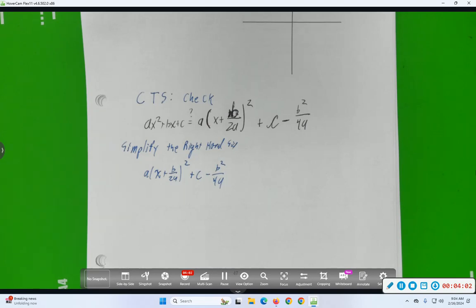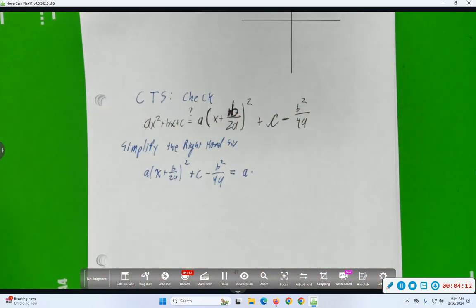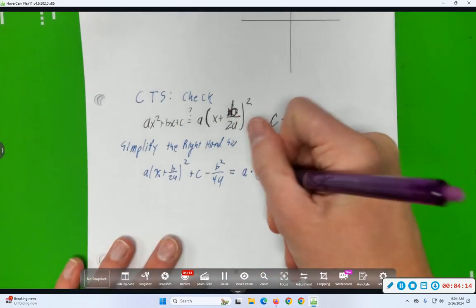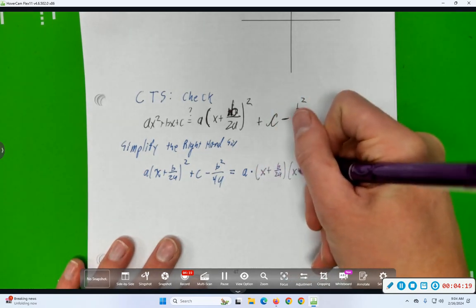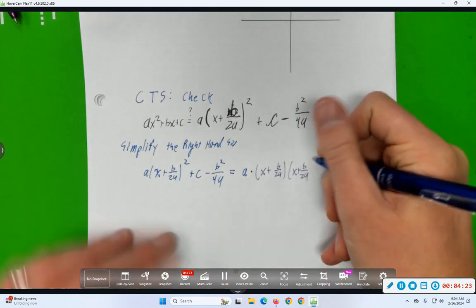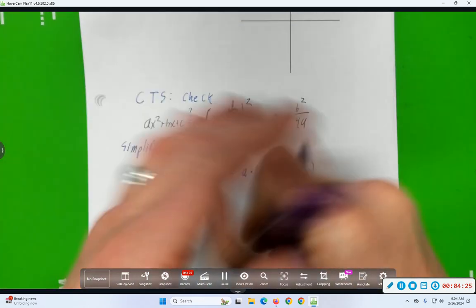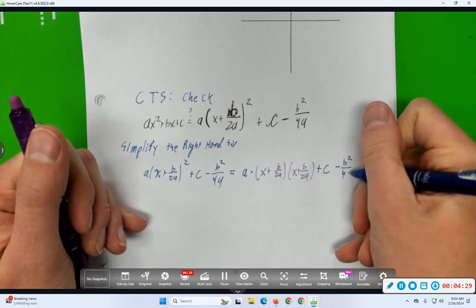What I'm fishing for is you need to FOIL it out, right? So I would like to know, what is this? Well, it's a times x plus b over 2a times x plus b over 2a, plus c minus b squared over 4a.